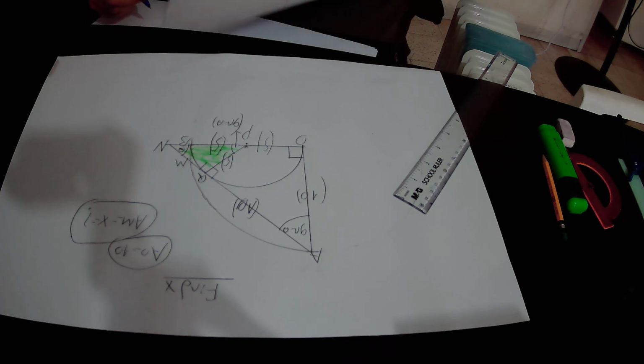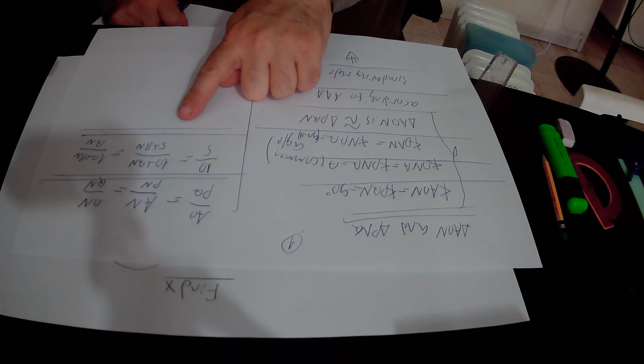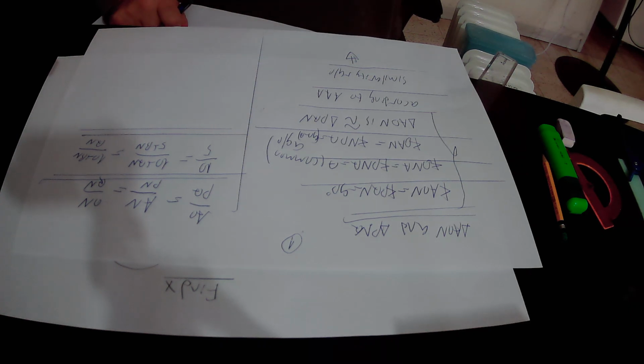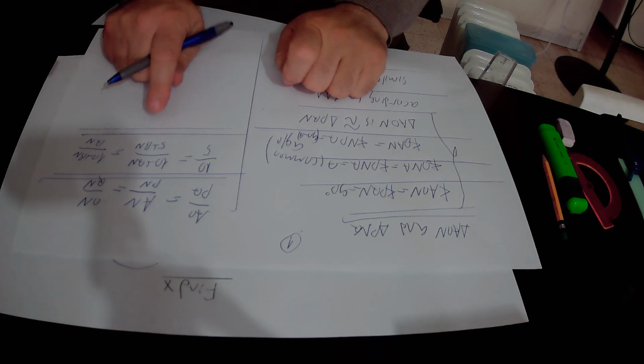Again, in conclusion, we found that 10 over 5 equals 10 plus QN over 5 plus BN, and it equals 10 plus BN over QN. Those two expressions are equal to each other, so we create from them equation number 1.